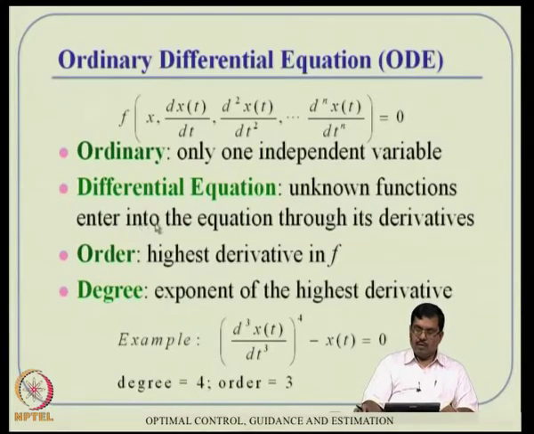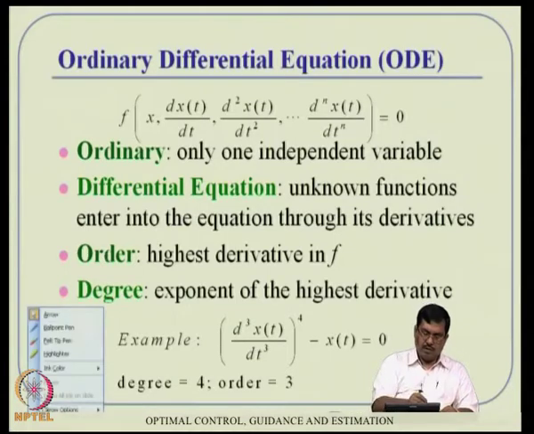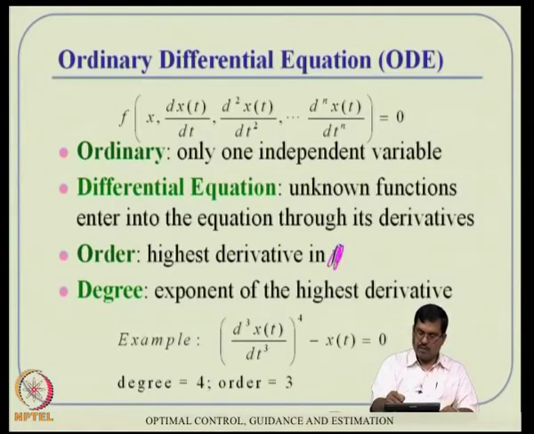And there is a concept called order and degree. The order of the differential equation is the highest order derivative of x of t, so that is what you see here.